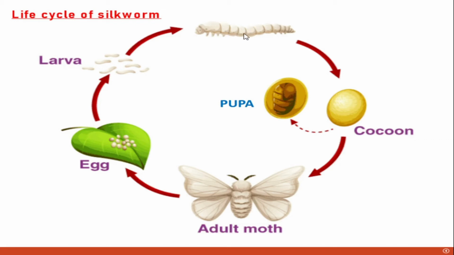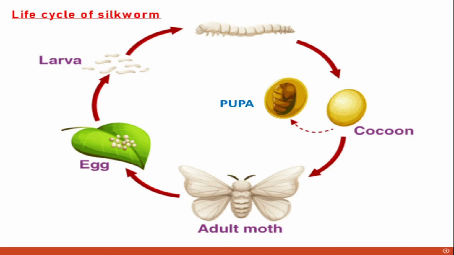Then later it shakes its head in a figure of 8 and covers itself by forming a cocoon. This is what is called a cocoon. After completing this cocoon, the larva goes to the next stage, called the pupa. The caterpillar or silkworm can build the cocoon within 3 days.